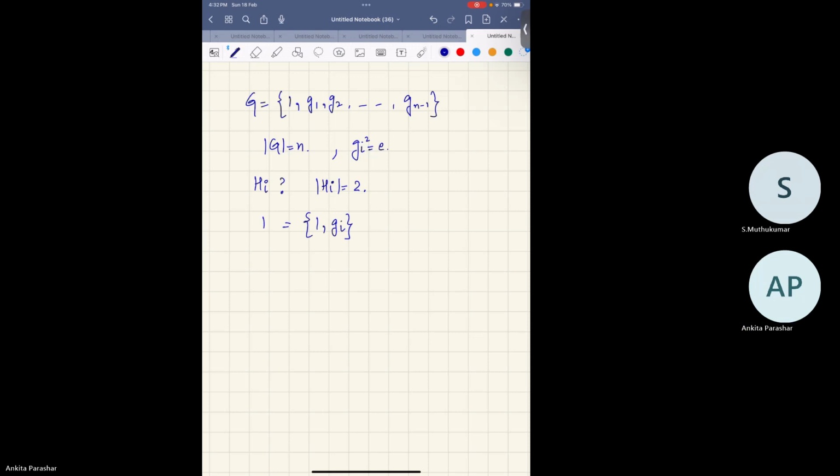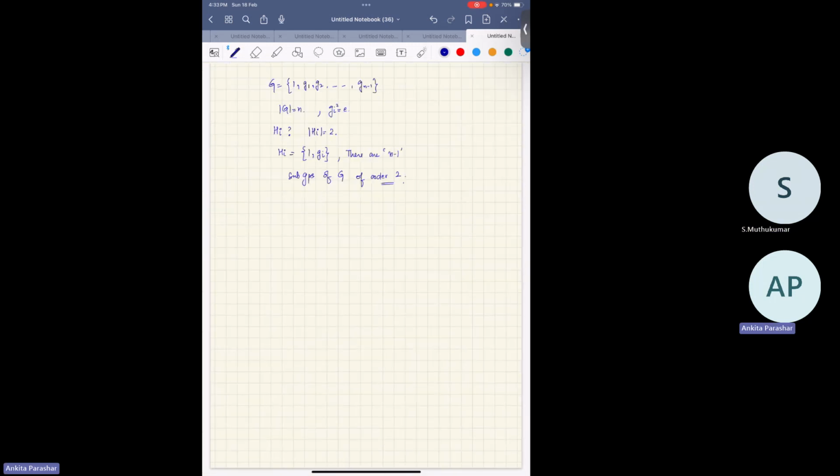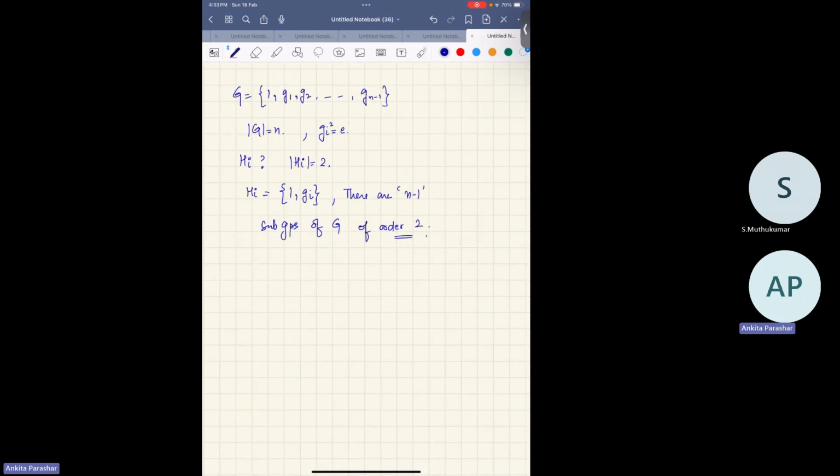Exactly. So there are n minus 1 subgroups of G of order 2. So this will be helpful when you use the fundamental theorem of Galois theory for certain questions in order to know the subfields.